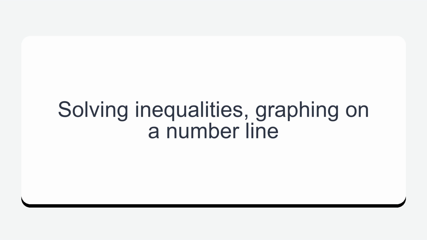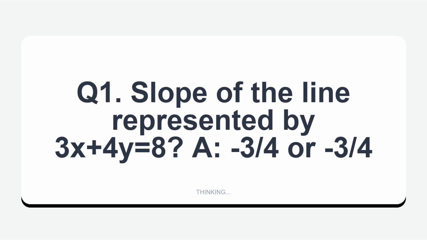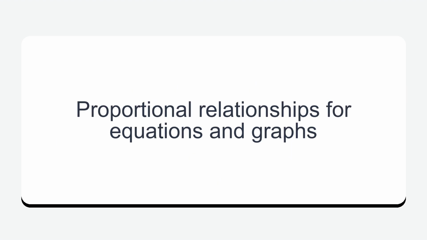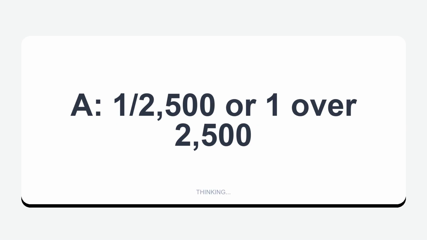Solving inequalities, graphing on a number line. Q1. Slope of the line represented by 3x + 4y = 8. A. -3/4. Proportional relationships for equations and graphs. A. 1/2500 or 1 over 2500.